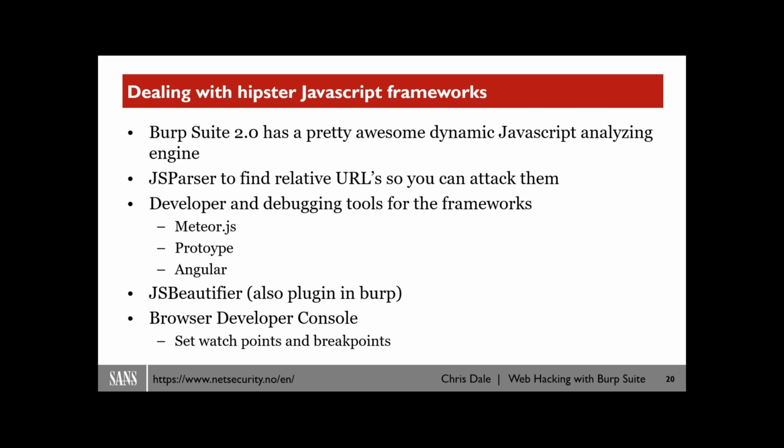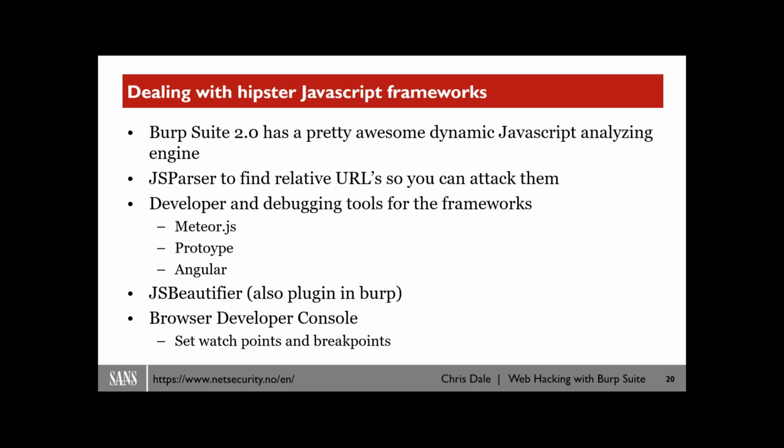They have to have some tools to figure out what the capabilities are and figure out weaknesses and flaws. Very often these frameworks will have solid browser extensions that allow you to explore them and figure out what secrets they're holding, and maybe trigger more functionality and get to those hard to reach parts. You could also, of course, just use the browser development console, hit F12, set some breakpoints, set some watchpoints for different variables, and see how the application behaves.